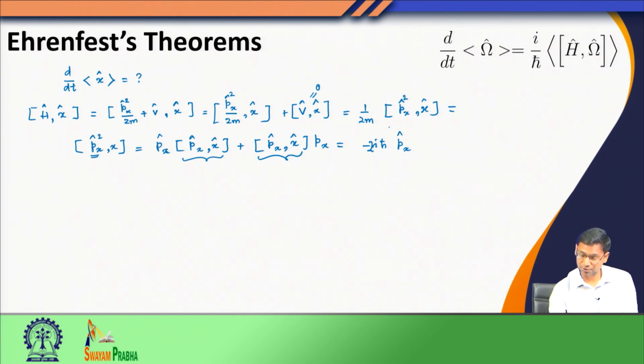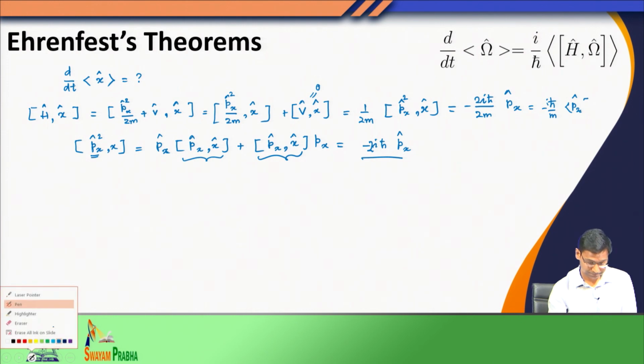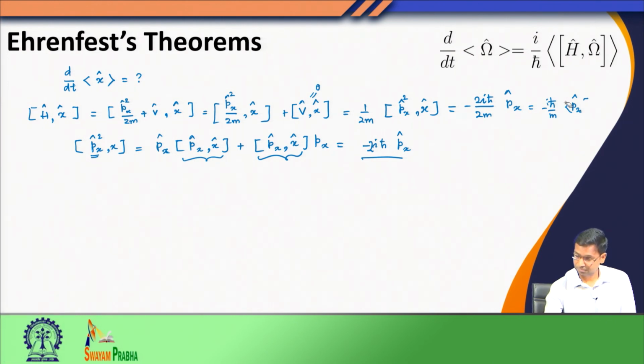Now, when I put this result here, I am left with minus 2 i h bar divided by 2 m p x. This is what I have now.